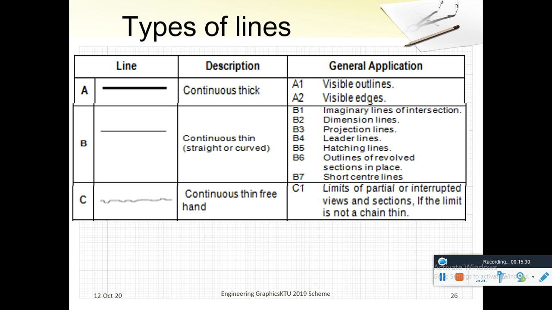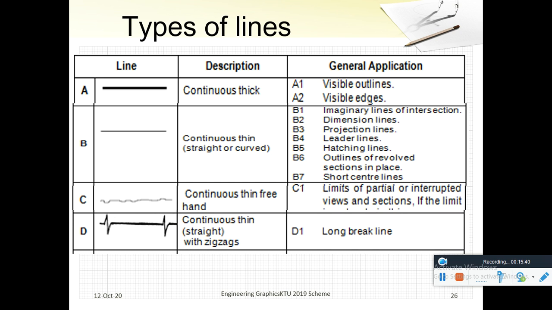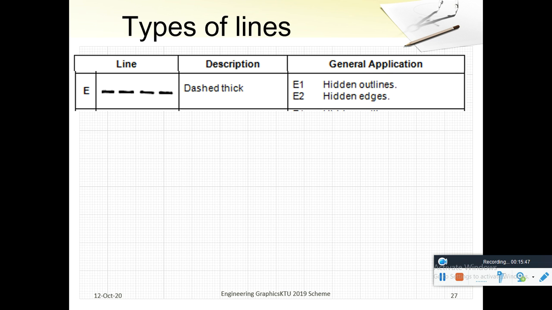Continuous thin freehand lines are used for interrupted views and sections. Long break lines are drawn by continuous thin zigzag lines, type D line. Dashed thick line for hidden outlines, hidden edges, etc.